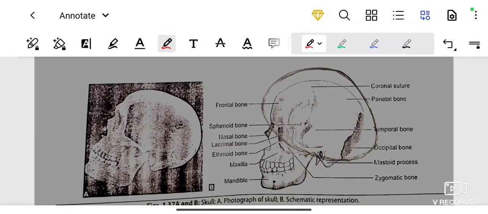This is the frontal bone, and the next is the sphenoid bone. This part is the frontal bone, and this is the occipital bone. This part is the occipital bone, parietal bone, and sphenoid bone.